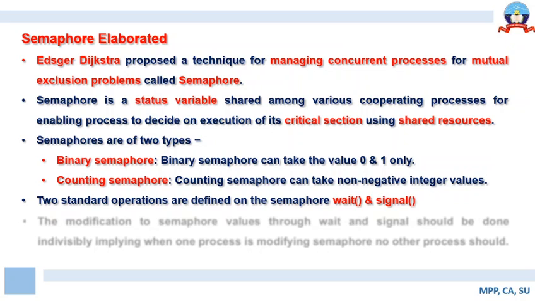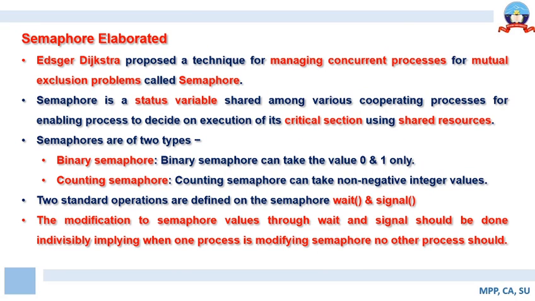Wait is executed in order to make the process know that it needs to wait because some other process is already executing, and signal is used to let a process know that no other processes are executing and it's your turn for execution. So wait and signal are two functions that perform operations on a semaphore in order to make the process know whether or not to initiate the execution.